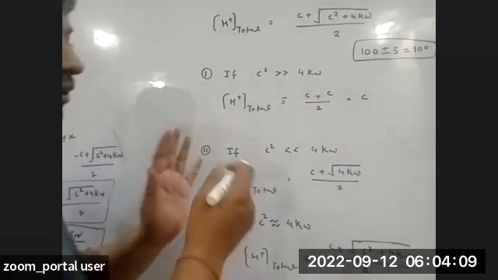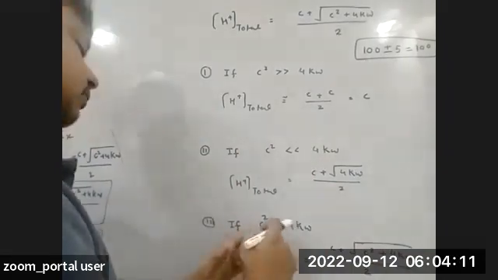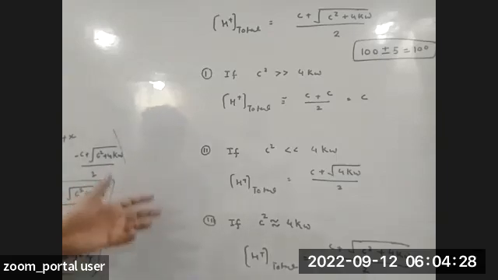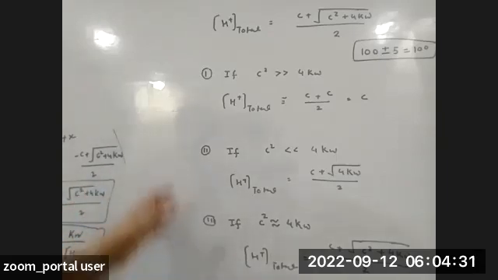And if they are of comparable value, not negligible, then it will be considered in the third zone. Is this clear? Now we can have multiple problems in this, and all will be linked to this concept only. So I will solve one problem.